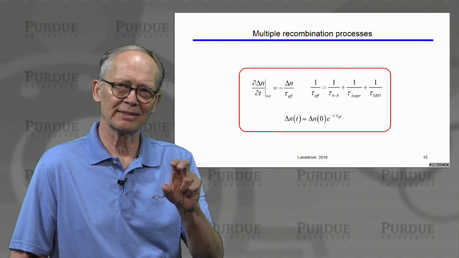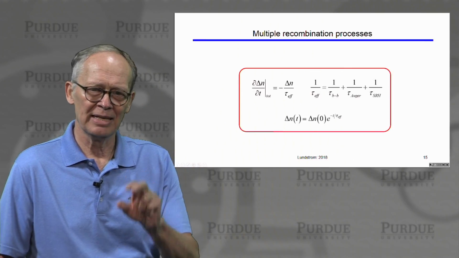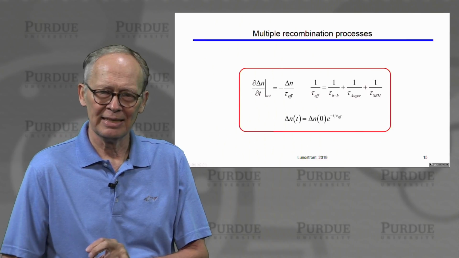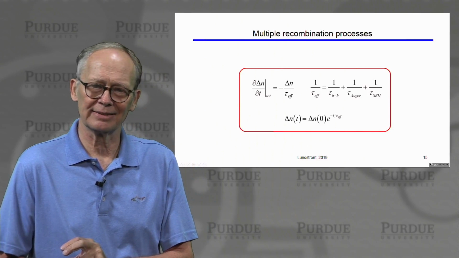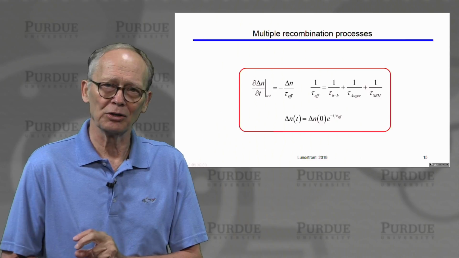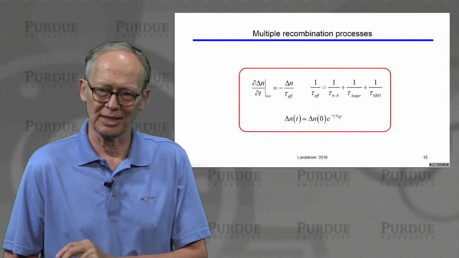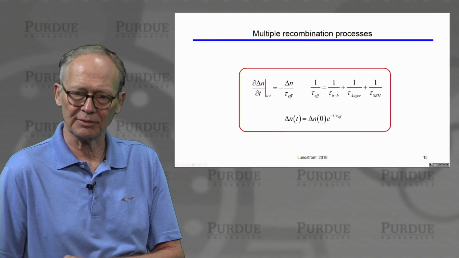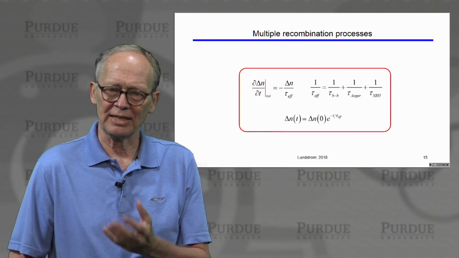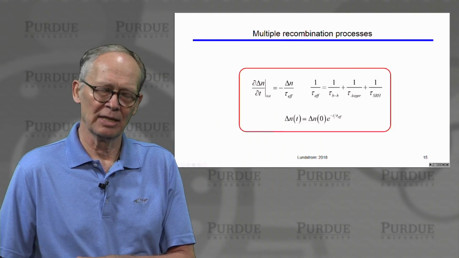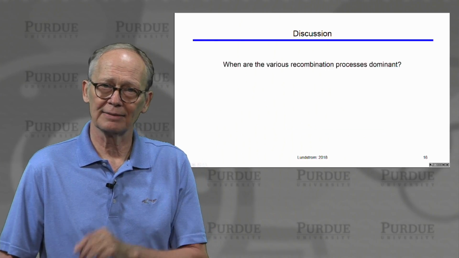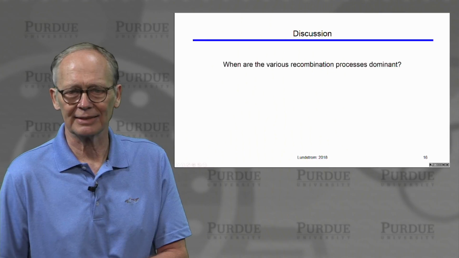If I had a process that had a 2 microsecond lifetime and I had another process that had a 2 microsecond lifetime, if I had both processes occurring at the same time, I would not get a longer lifetime. I have to get a shorter lifetime. The way we get the shortest lifetime is by adding the inverses of those lifetimes. So the effective lifetime then will describe all of the processes that are important for that particular recombination process.